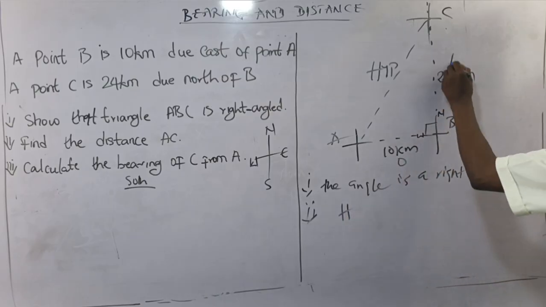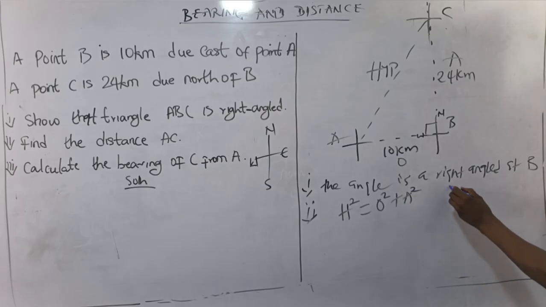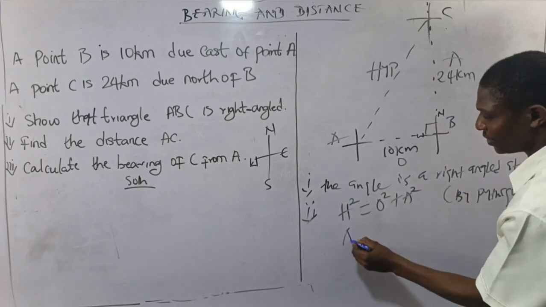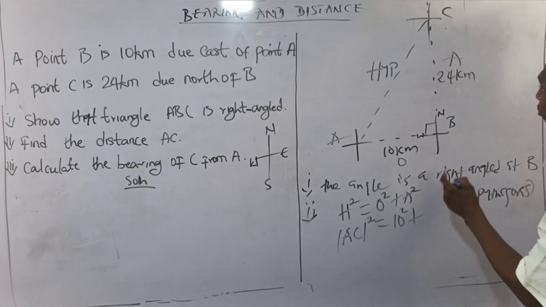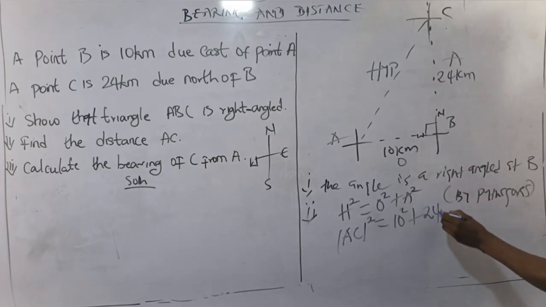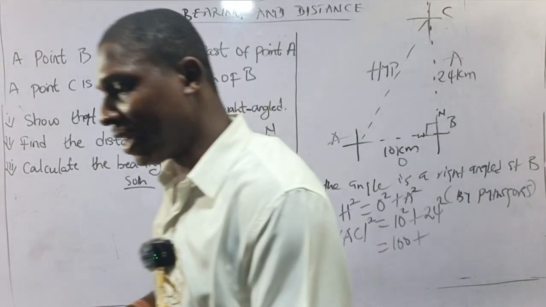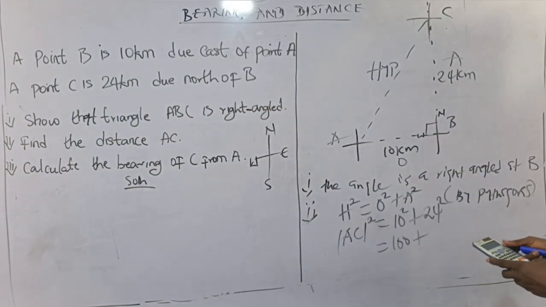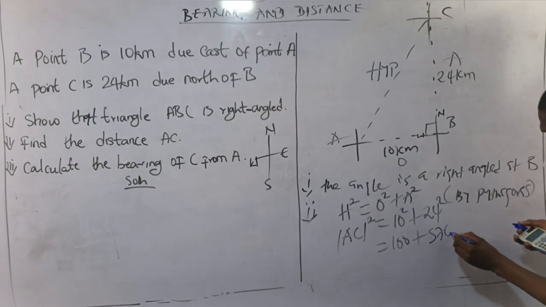Let me take this as opposite and this as adjacent. Hypotenuse squared is equal to opposite squared plus adjacent squared, by Pythagoras. Now my hypotenuse is represented by AC. So I have AC squared equals opposite, which is 10 squared, plus adjacent, which is 24 squared. This will give me 100 plus, I'll need my calculator here. 24 squared is 576.